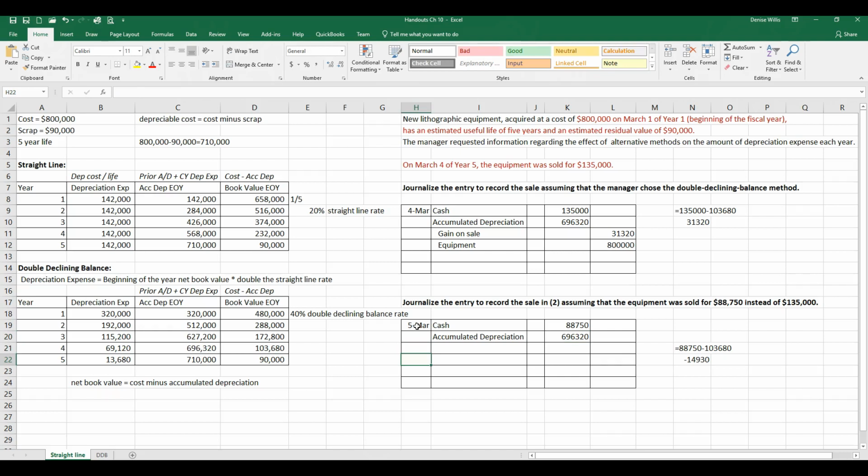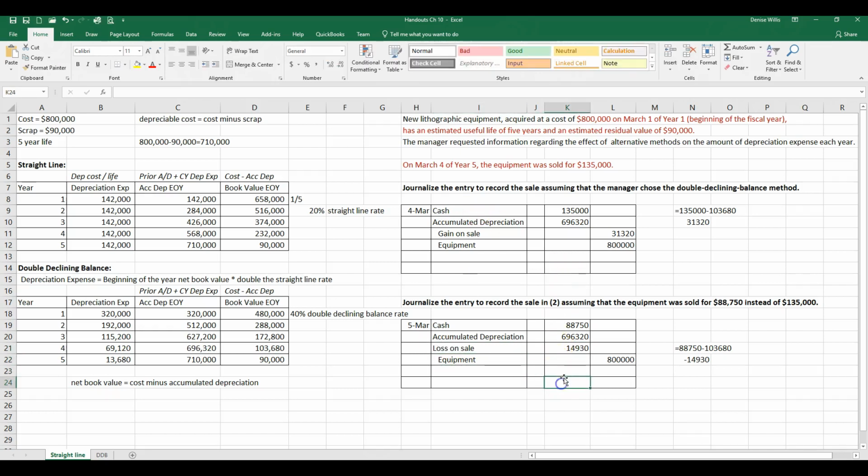Let's skip a line, and let's take our equipment off with a credit. Now, this loss is going to be a debit, and we'll put it in here, 14,930.